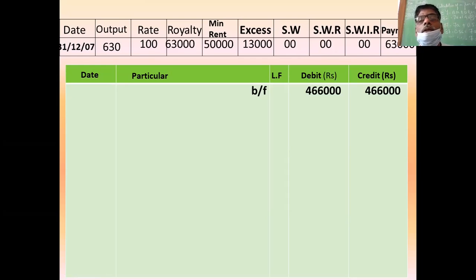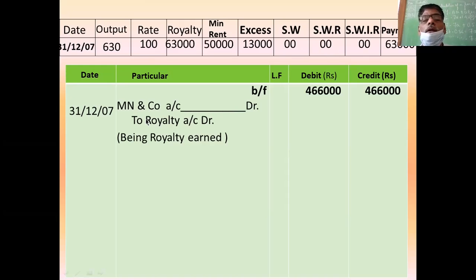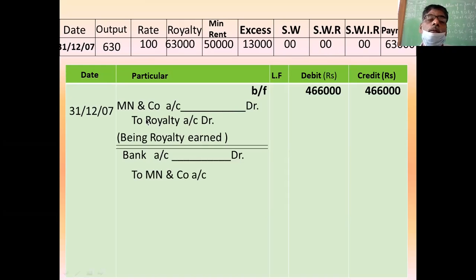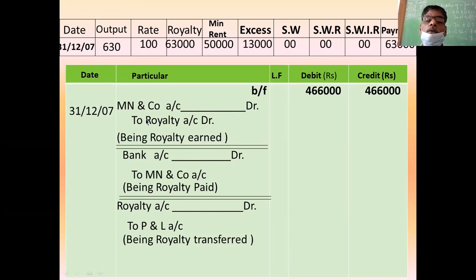There is no necessity of including short working. Simple royalty entry, three entries. Royalty date, MN company account debit to royalty, being royalty. Or bank account debit to MN company account, royalty account debit to P&L account. You see here, there is no short working. Okay. You put the amount.